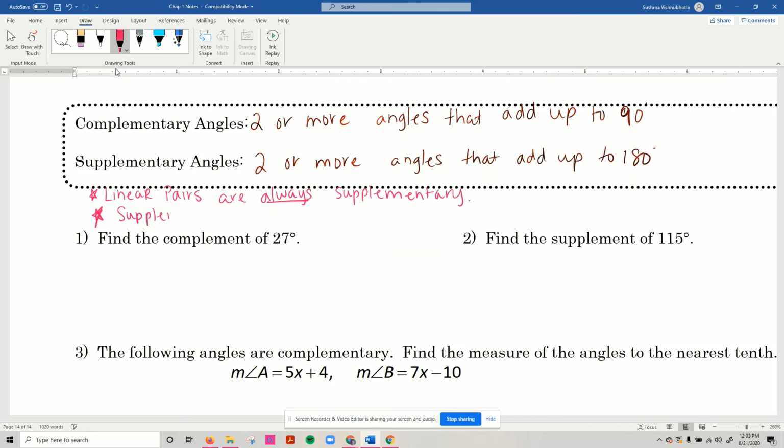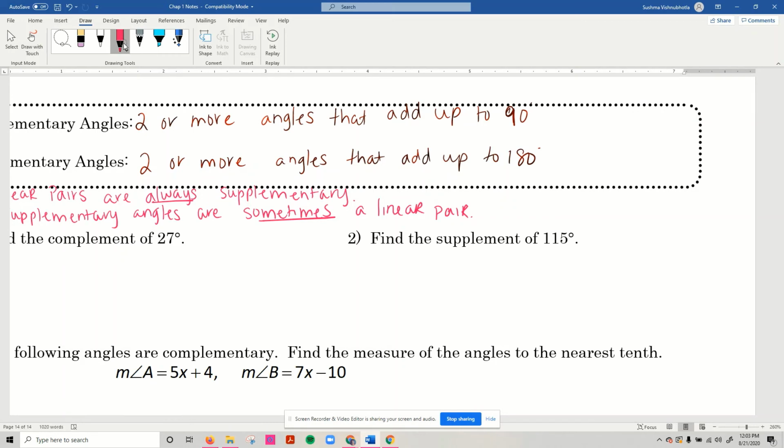Supplementary angles are sometimes a linear pair. Now, I can keep going here.